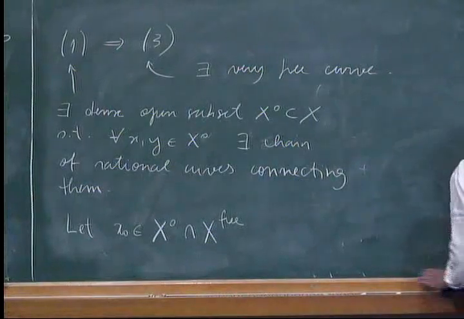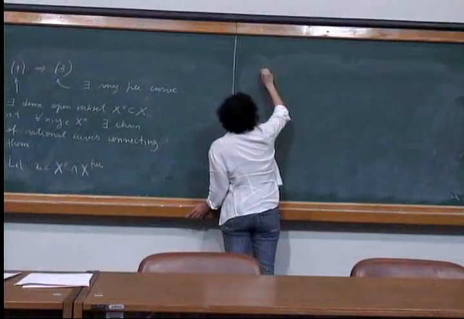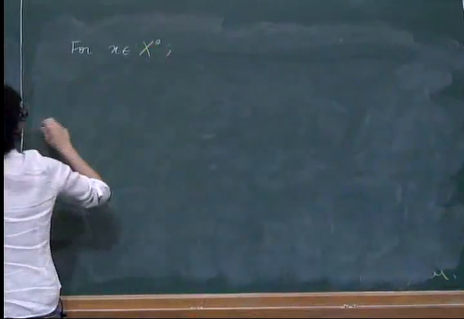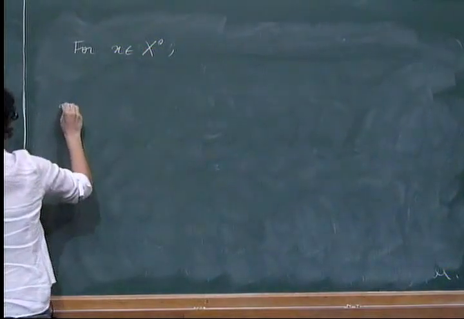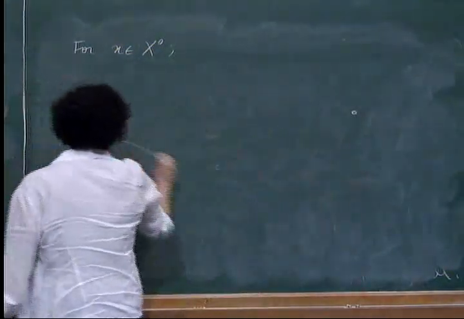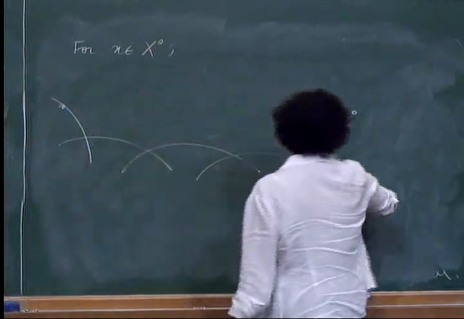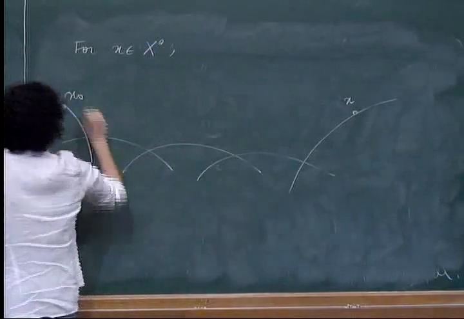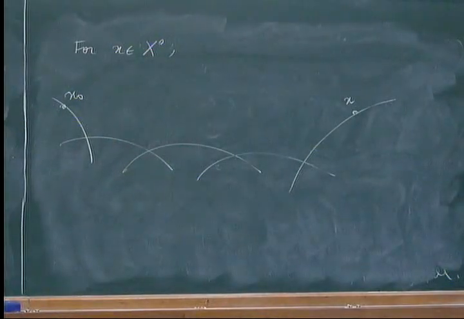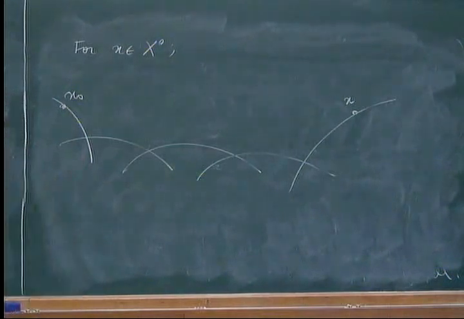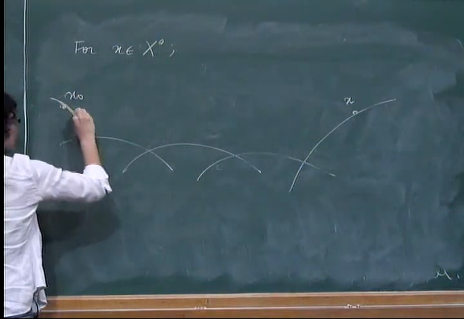Now we know that given x in X naught, we can connect x to x naught by a chain of rational curves. And from this assumption, we know that the first curve is free.